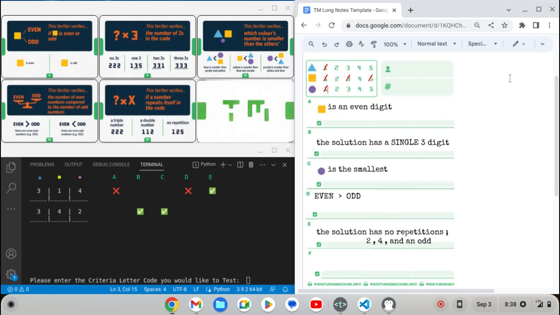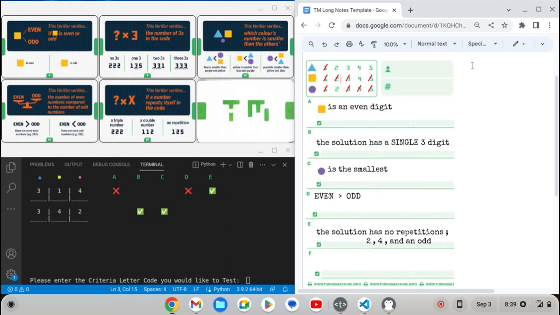So yes, indeed, circle has to be the 2. And because circle is the 2, that does mean that obviously square is the other even, just not 2, because you can't have repetitions. And so it defaults to 4.